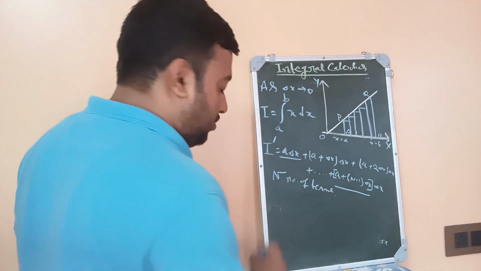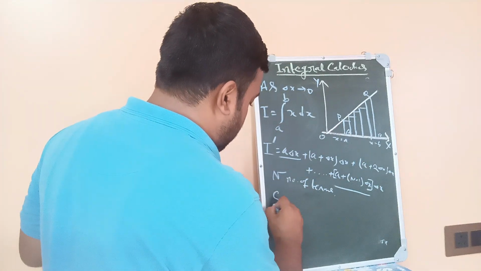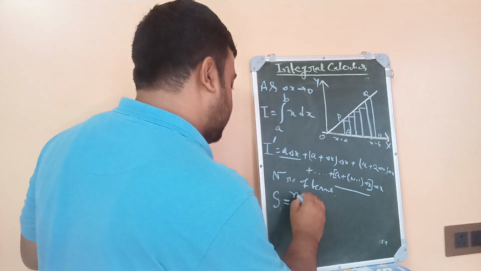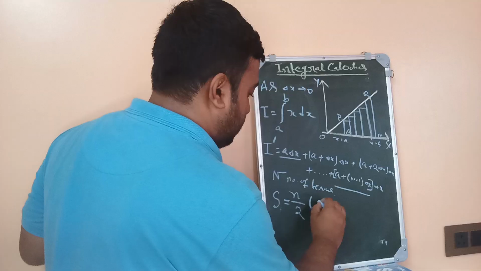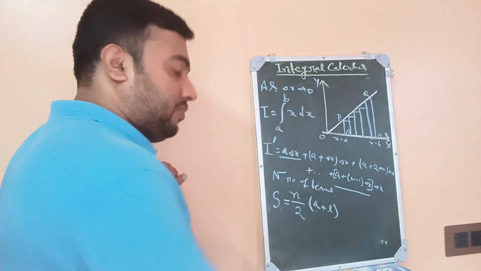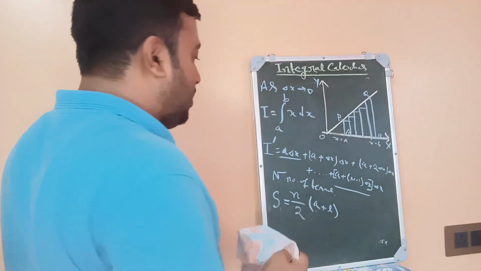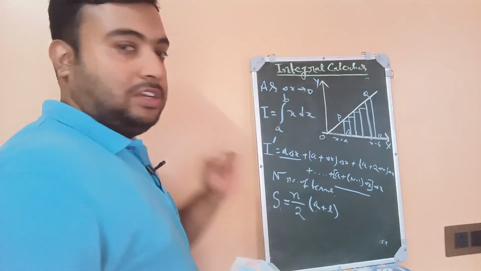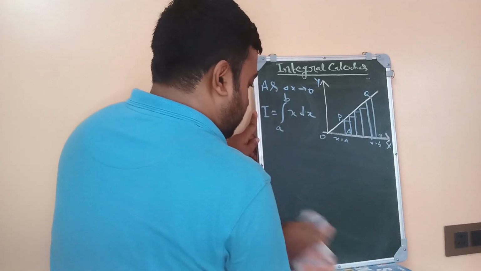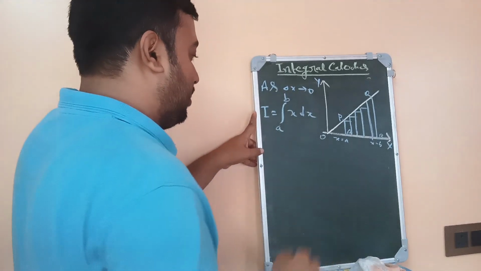So the summation should be, we know that the summation of an AP series is n by 2 into (a + l), that is first term plus last term. So we will write it. Okay, I am removing this because of small area.